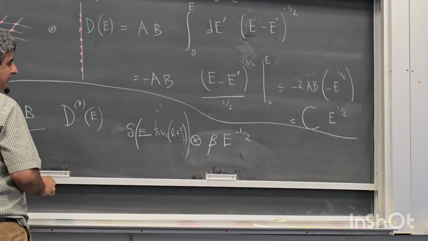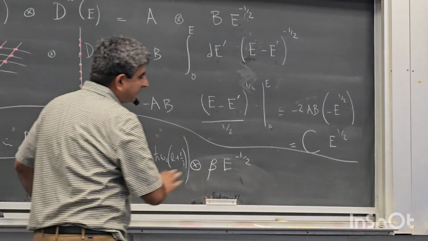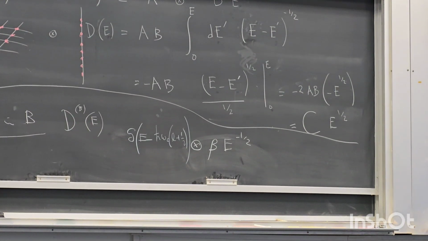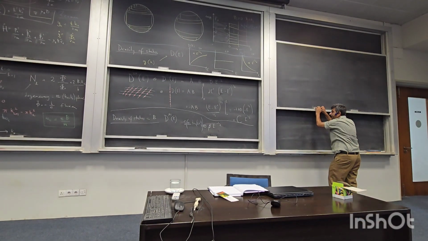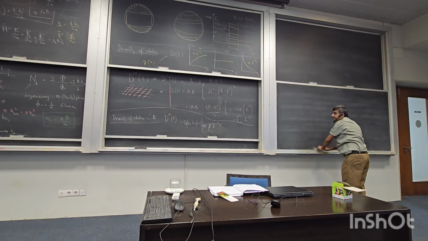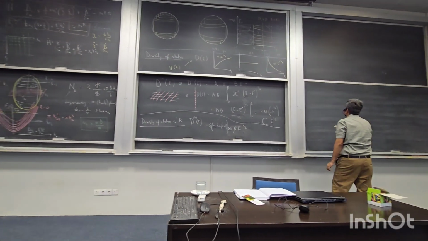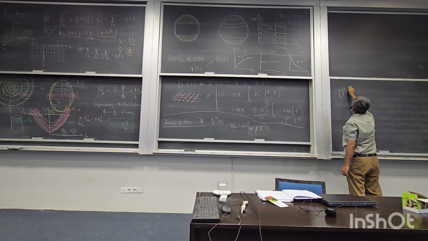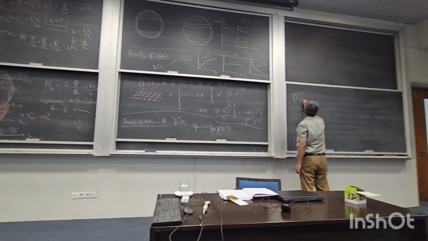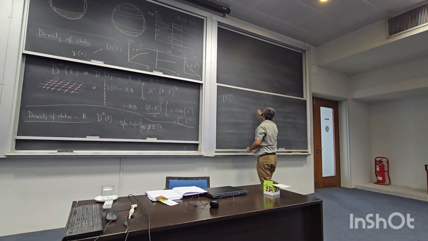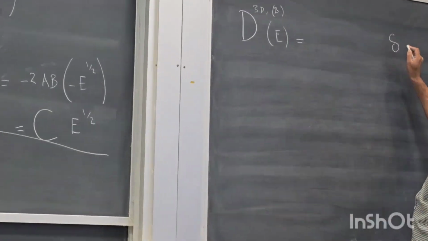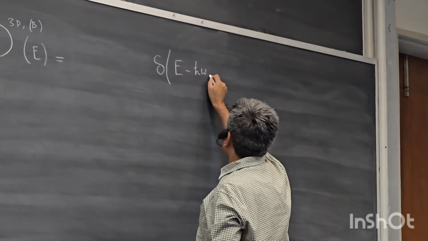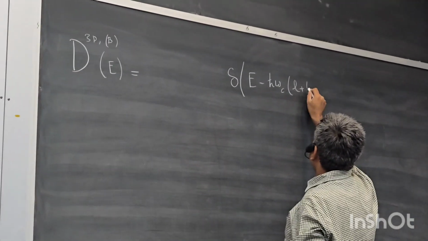Okay, let me, I need more blackboard for this, so let me write this again. E3D in the presence of a magnetic field as a function of E is now a Dirac delta function E minus h bar omega c L plus half.